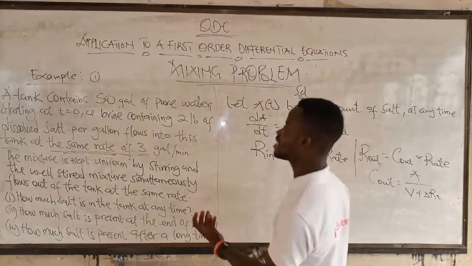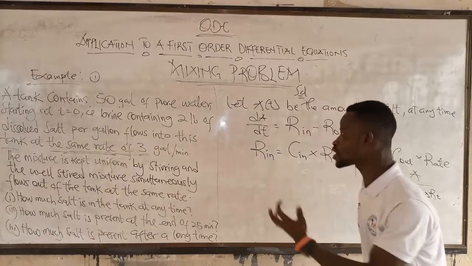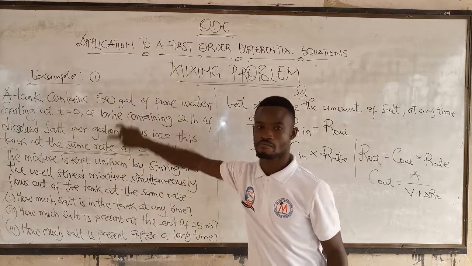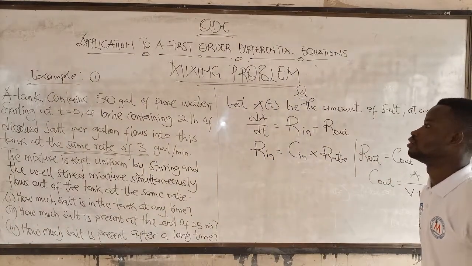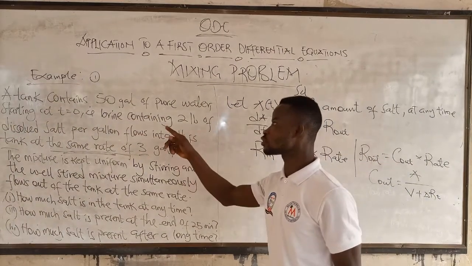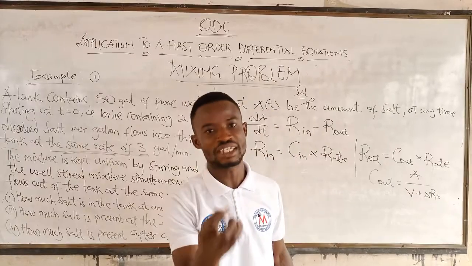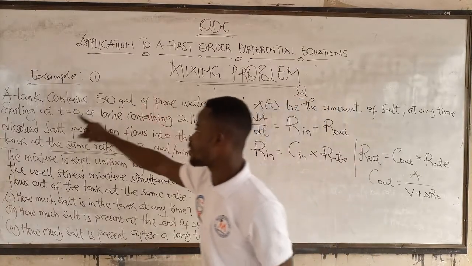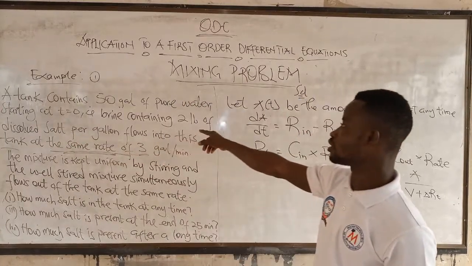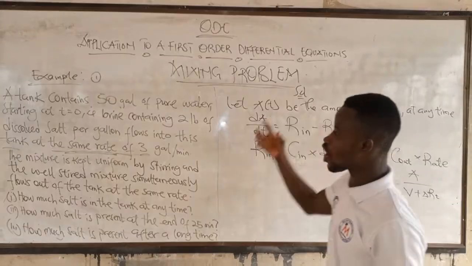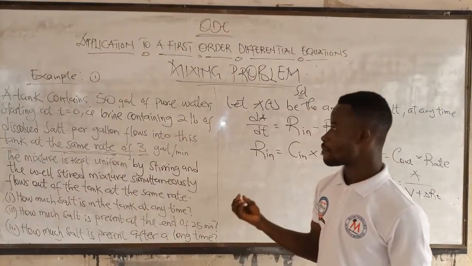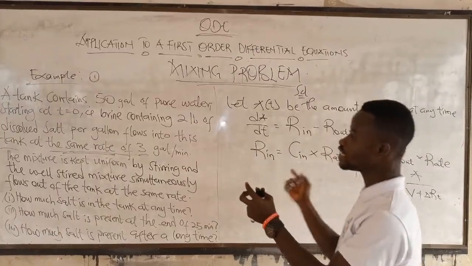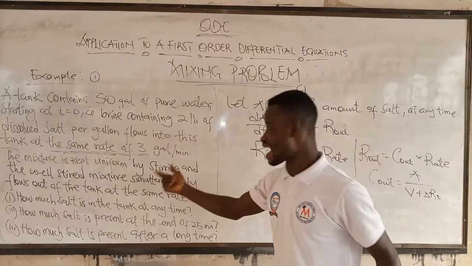A tank contains 50 gallons of pure water. So what is this 50? This 50 is going to be the volume of the tank. Alright, RT is equal to 0. A brine containing 2 lb of dissolved salt per gallon flows into this tank at the same rate.